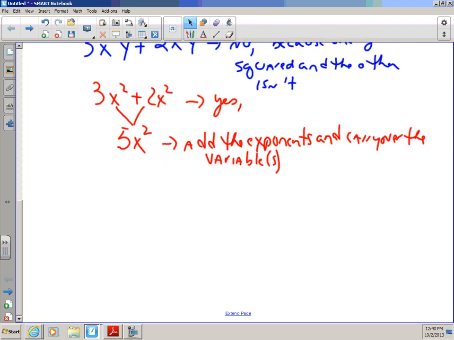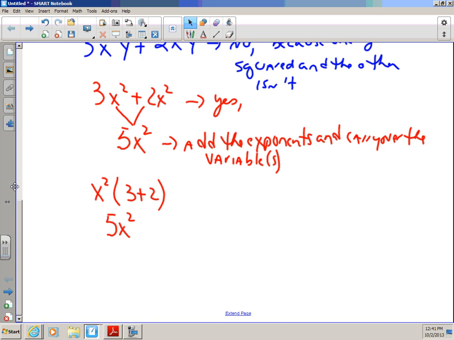Again, why is that the case? Because I can extract an x squared from each. I'm left with 3 plus 2, which gives me 5, and I write it as 5x squared. Remember, we call the 5 the coefficient. Standard form of writing any term in math is the coefficient, followed by the variables in alphabetical order.